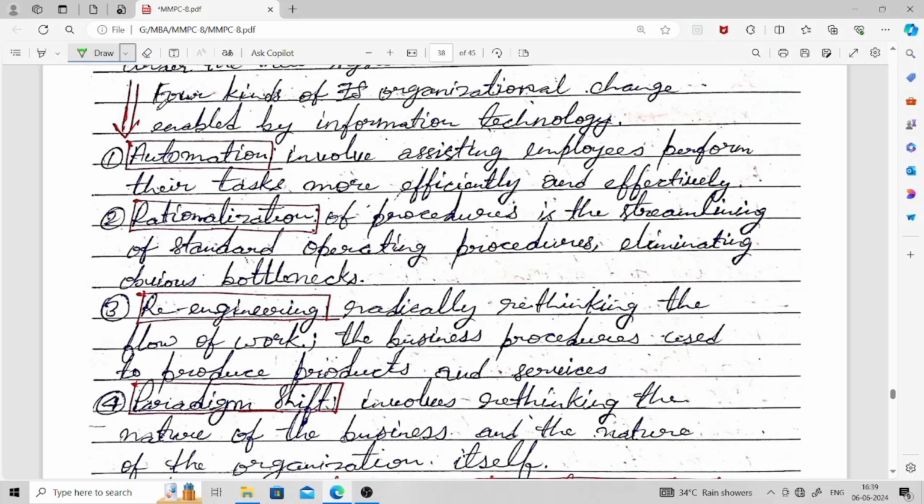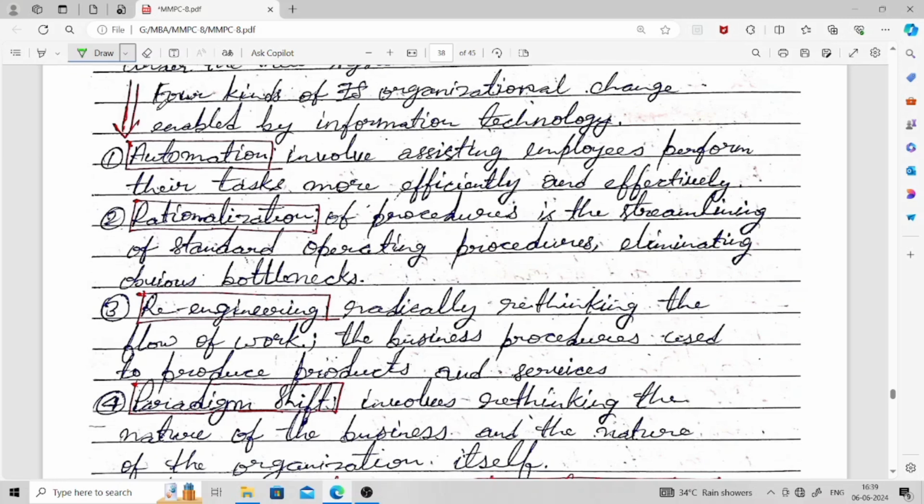Automation involves assisting employees to perform their tasks more efficiently and effectively. So that is the case of automation.